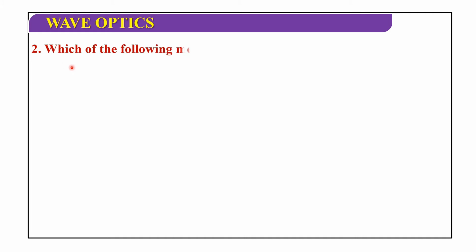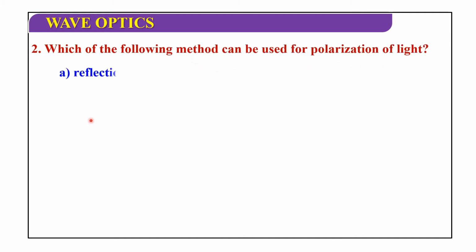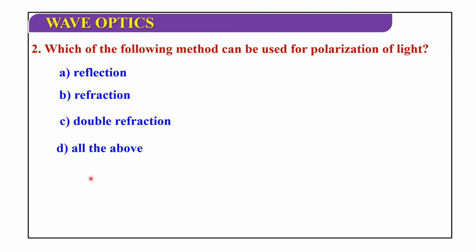Next, which of the following methods can be used for polarization of light? Reflection, refraction, double refraction, all of the above. All of the above: we can use reflection, refraction, double refraction. Okay.